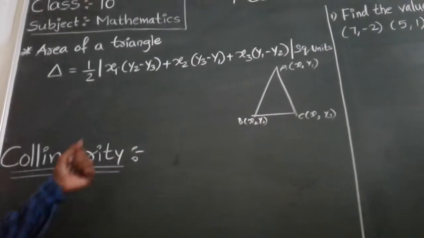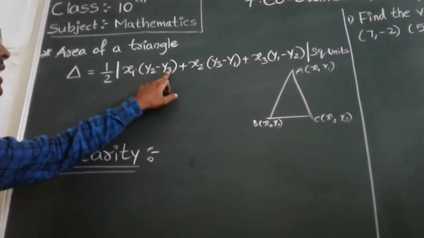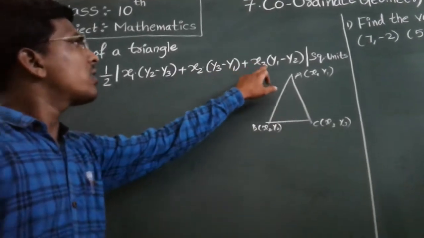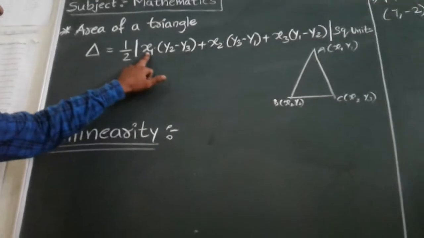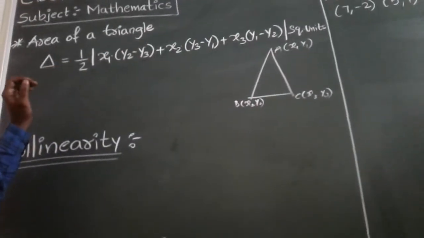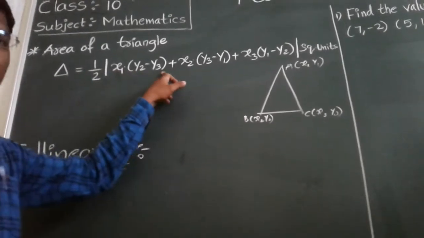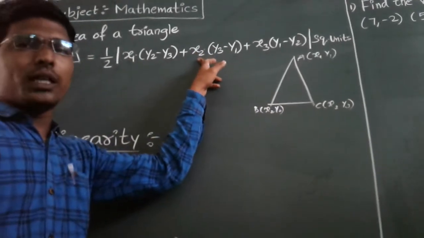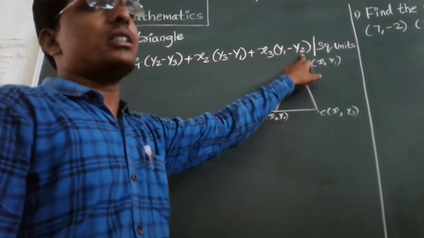To remember this formula, note the cyclic order 1 2 3, 2 3 1, 3 1 2. The x coordinates are outside of the bracket and the y coordinates are inside of the bracket.